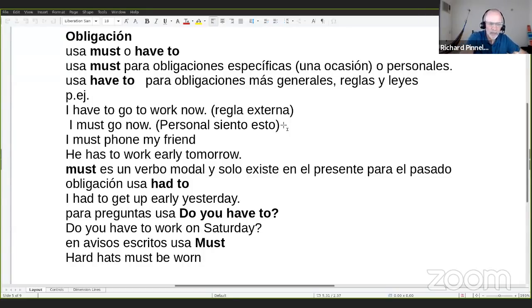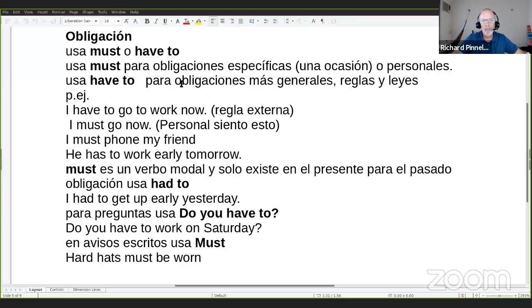Primero tenemos más ejemplos de must. Para obligación tenemos dos opciones. Podemos usar must o podemos usar have to. Usa must para obligaciones específicas, por ejemplo, una ocasión o personales.